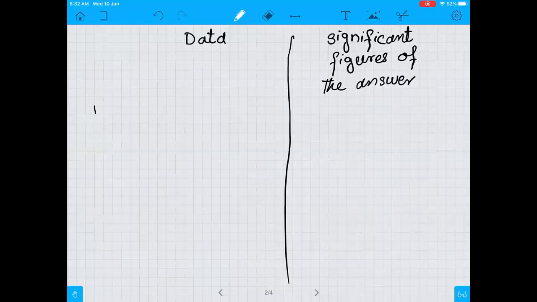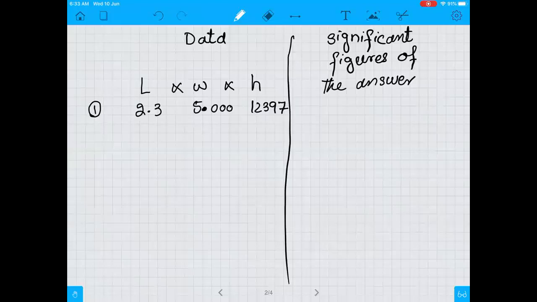Number one, let's suppose you have to multiply 2.3. It is, just for example, length. And the width is, just for example, 5.000. And the height is, just for example, 12397. Now you have length, width, and height.